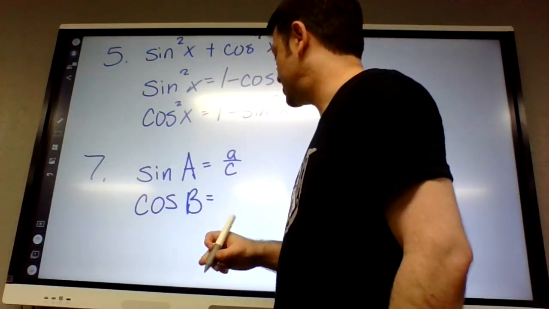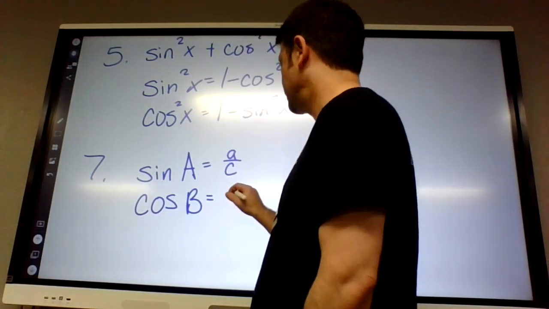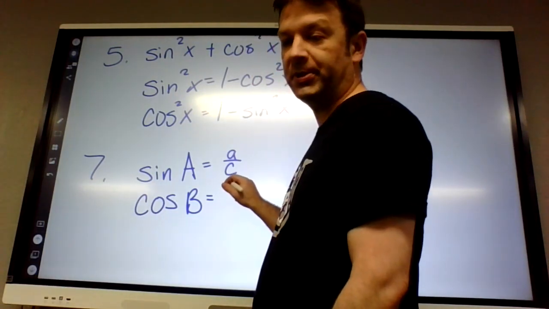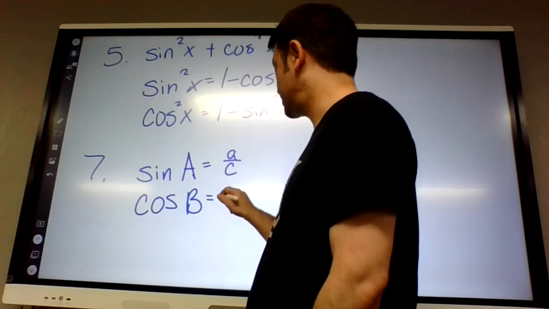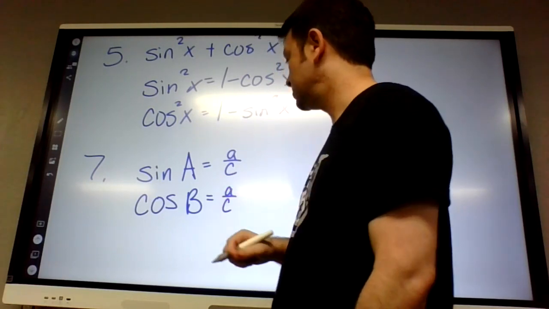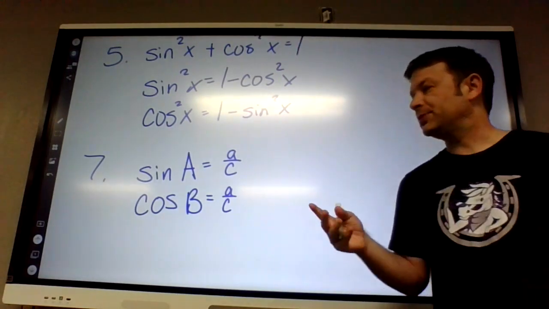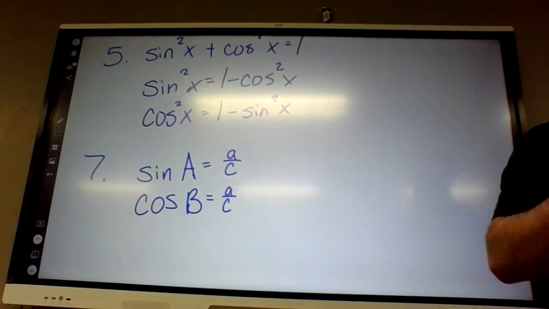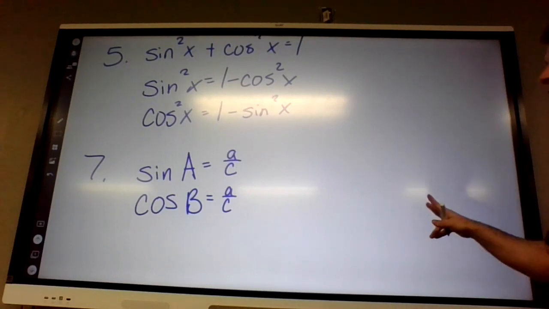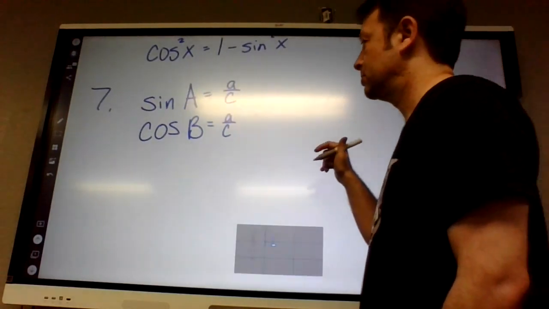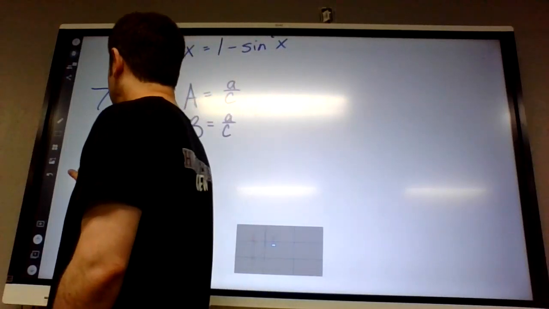So what's the adjacent to angle B? Side A, and what's the hypotenuse? C. So sine and cosine of those opposite angles always comes out the same. That's what we're showing there. You guys got it?